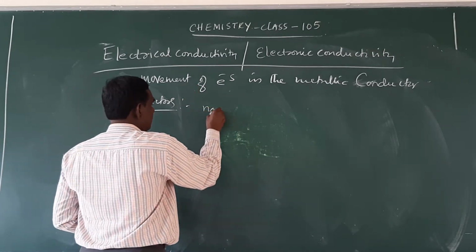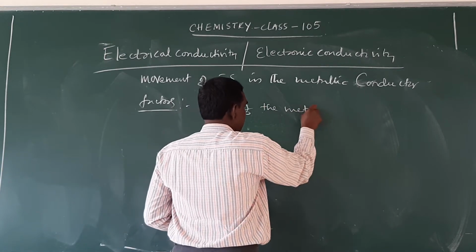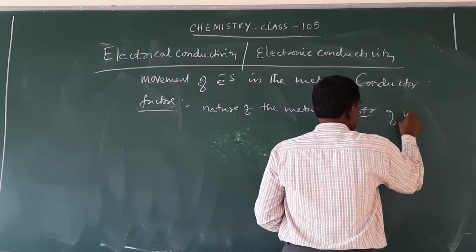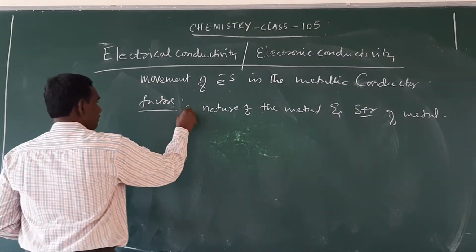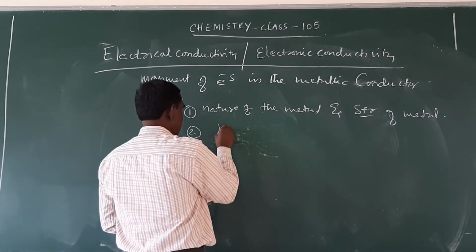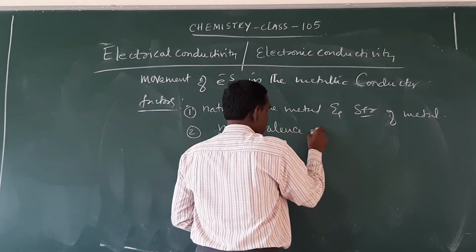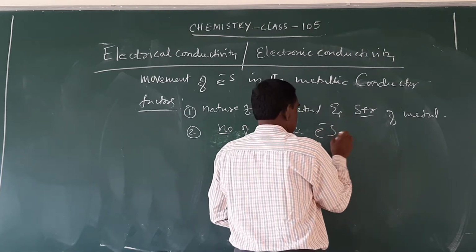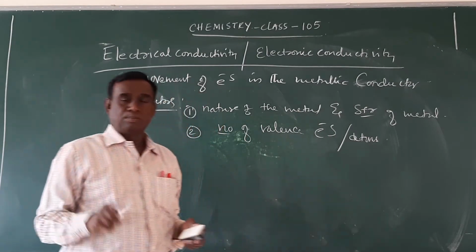That is the first factor. The second factor is the number of valence electrons per atom. So how many valence electrons are present per atom?